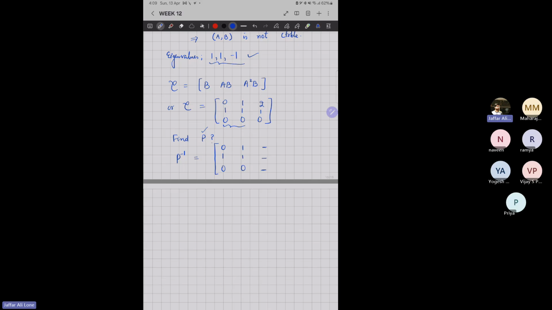Why is that so? Because if you choose a column which is linearly dependent, then my P inverse will not exist, because the determinant in this case will be zero. If P inverse does not exist, how will I find the P matrix? So you have to choose the third column in such a way that all three columns are linearly independent.